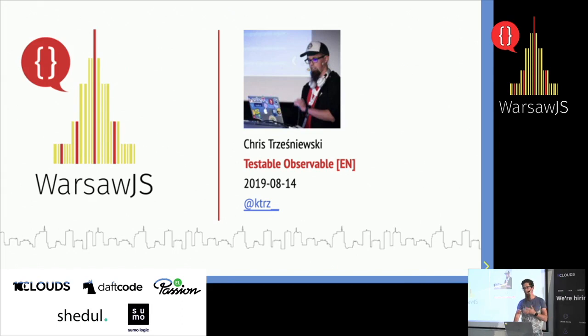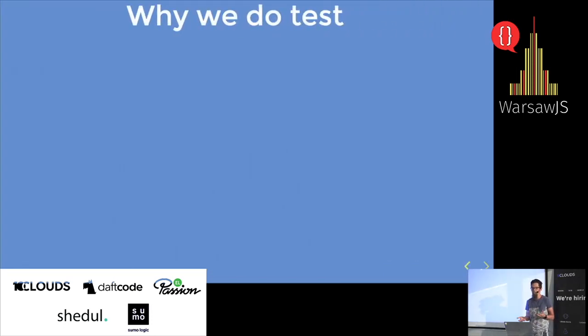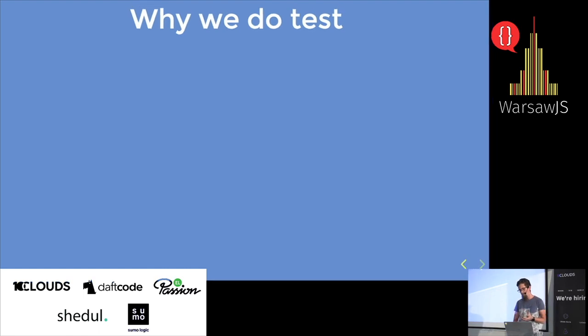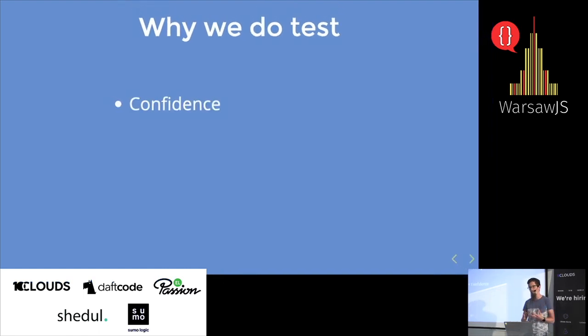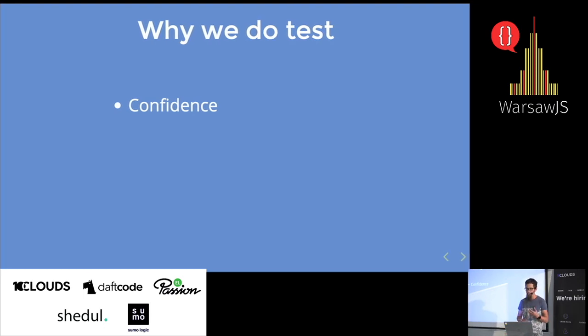So, first of all, I would like to start from some basic concepts. Why do we actually test our code? First of all, it gives us confidence that what we did is actually doing what we wanted it to. And the next step coming from that is that we can maintain our code better.